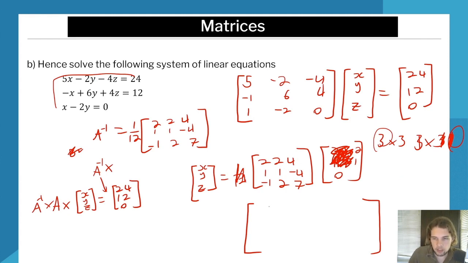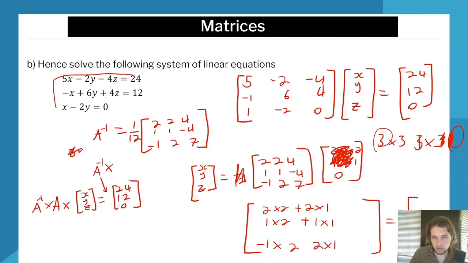And now we can find, okay, so what's in position row 1, column 1? We have 2 times 2 plus 2 times 1, and then we can ignore the 0. So then down here we have 1 times 2 plus 1 times 1. Down here we have minus 1 times 2, and 2 times 1.